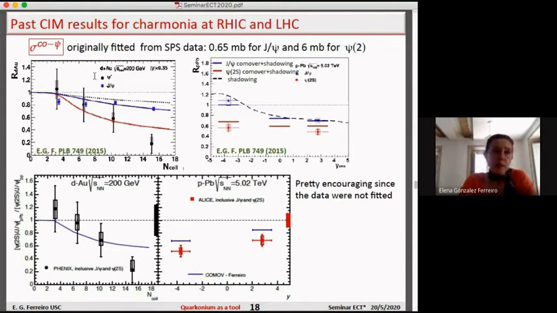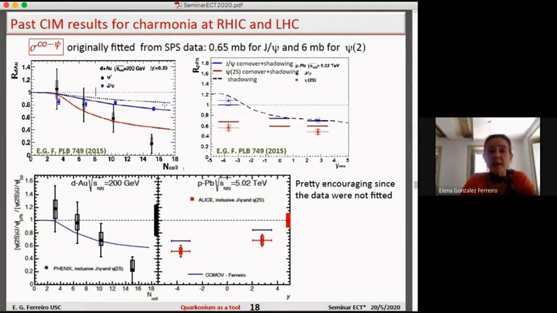This plot corresponds to the results from the model for the J/psi and for the psi prime compared to the data. The data in blue are the J/psi, the data in black are the psi prime. Here you have the initial state effects, which corresponds to this black line, and the extra effect.